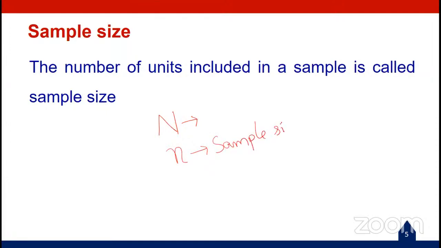Small n represents sample size and capital N represents population size. For example, a very hypothetical example, assume that your population size is 2500. From this, you are supposed to select 75 individuals. So the population size is 2500 and the sample size is 75.